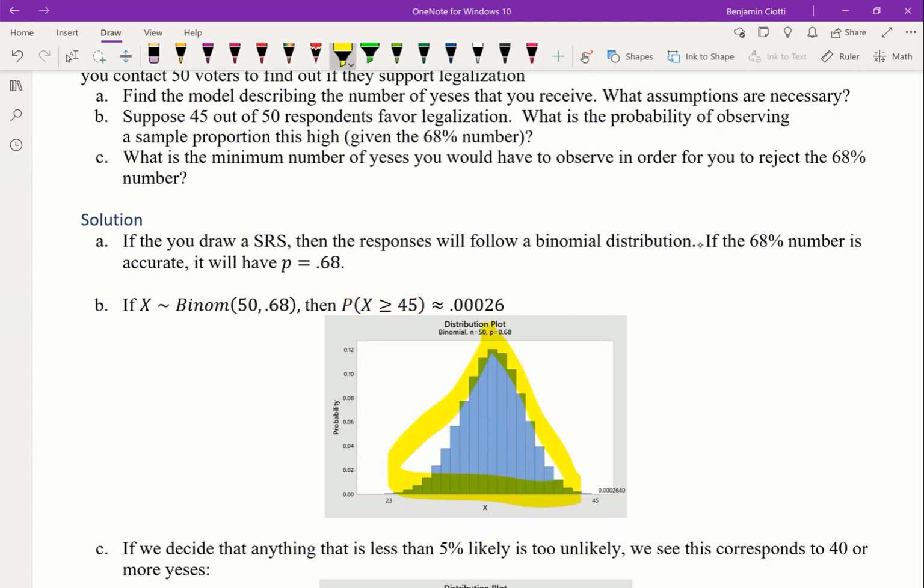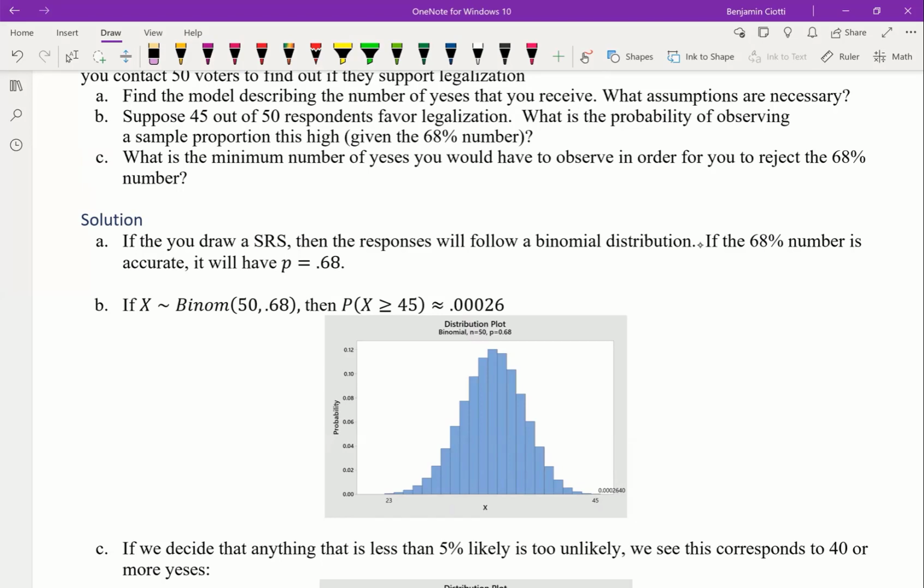Using software, I found the probability of getting a number of 45 or greater in a binomial distribution with n equals 50 trials to be 0.00026. So this is highly unlikely, which means you were probably lied to about that 68% percentage, okay? Because it's super unlikely that you would observe this if that 68% number was correct. So doubt everything, as they say.